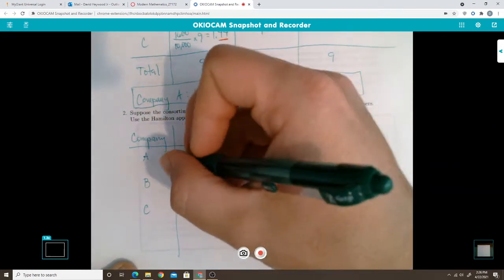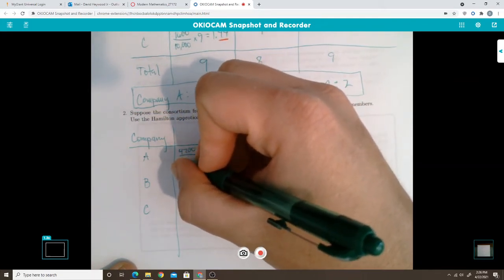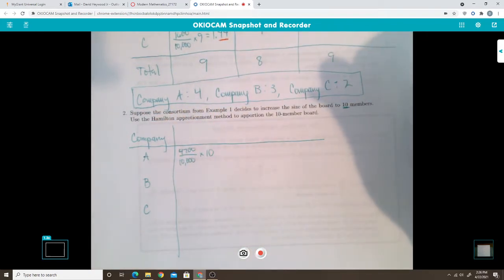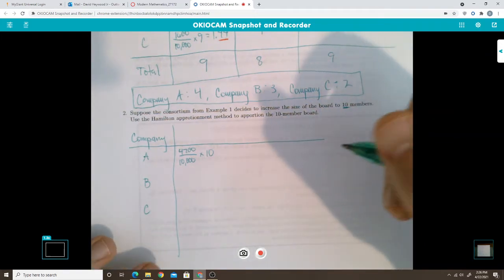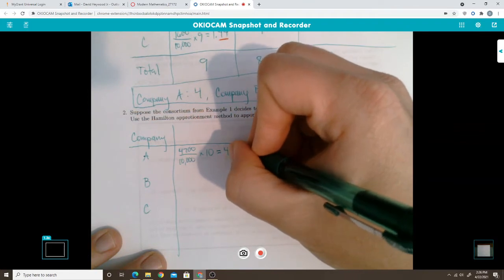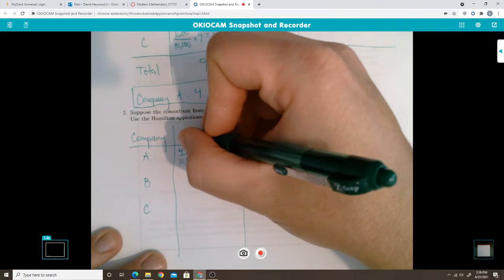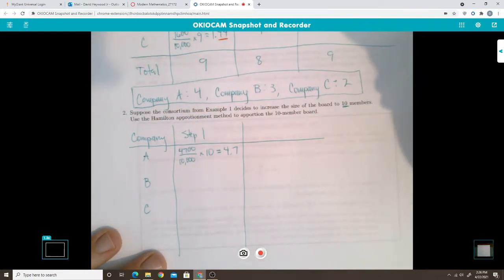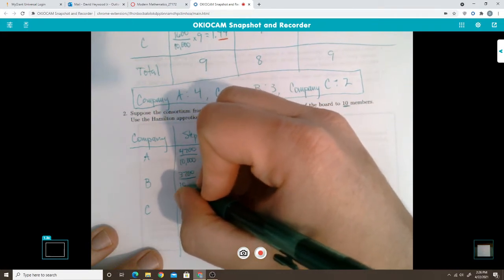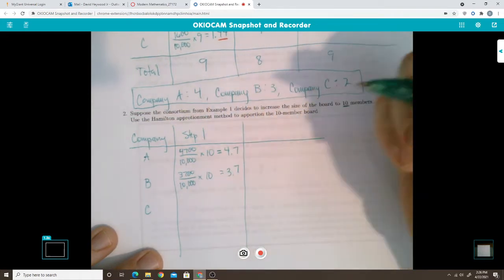So for company A, it's going to be 4,700 out of 10,000 times 10. Instead of multiplying by 9, we'll multiply by 10. And that comes out to 4.7. Okay, so this is step 1. For company B, it would be 3,700 out of 10,000 times 10. That would be 3.7.